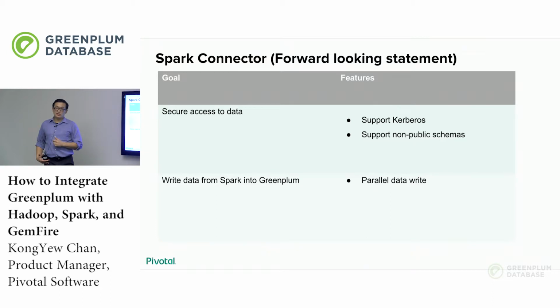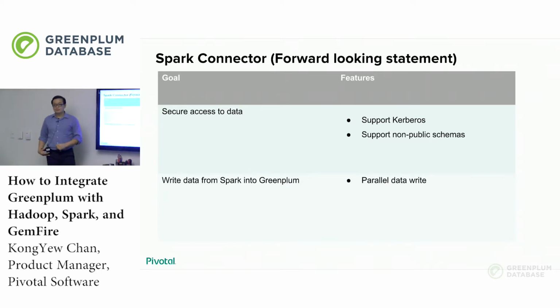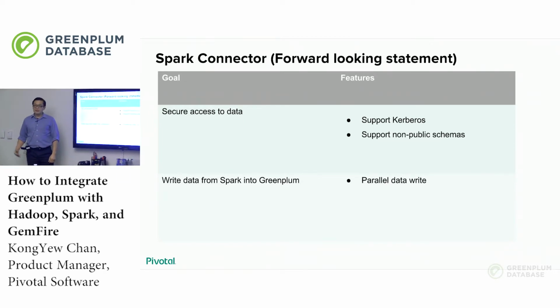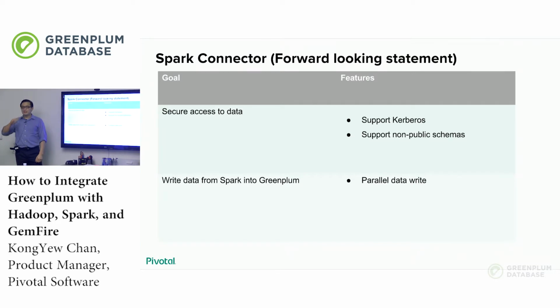And Kerberos is actually a standard way of securing the data by ensuring that the right enterprise user has access to the data. So supporting Kerberos will be very important. And the current connector itself uses public schema. A typical enterprise company may choose to use non-public schema because they want to lock down the schema. Therefore, that's why we are looking into ways to support non-public schema as well.